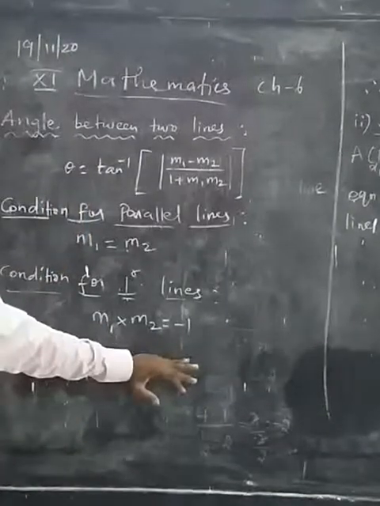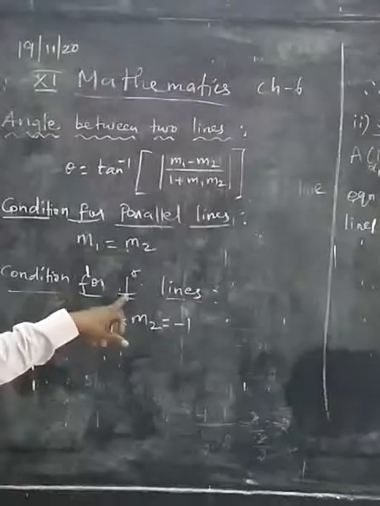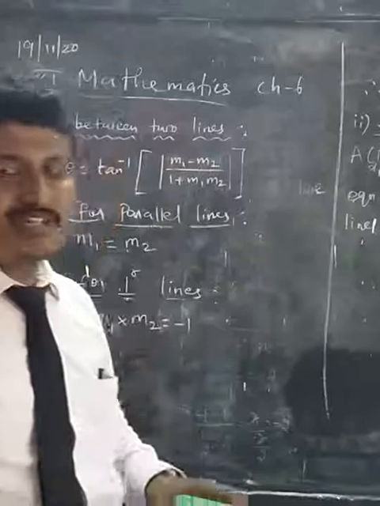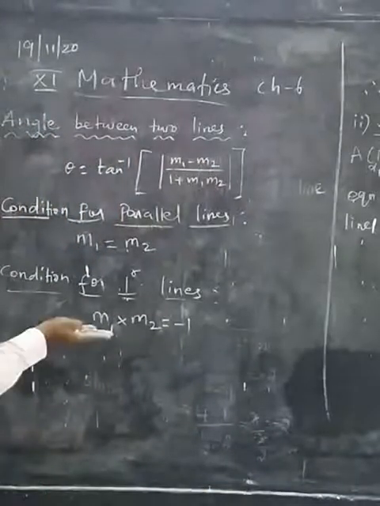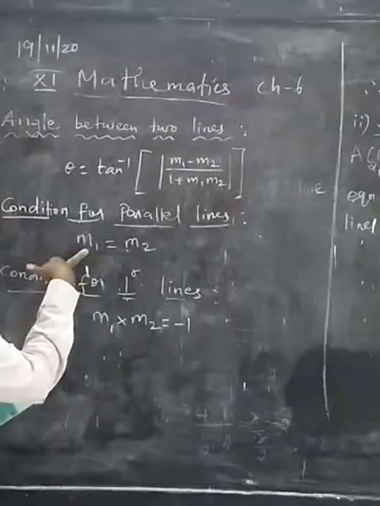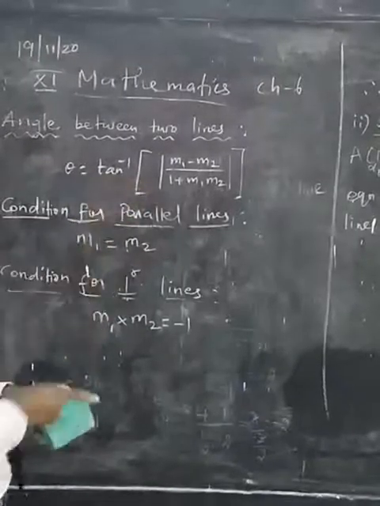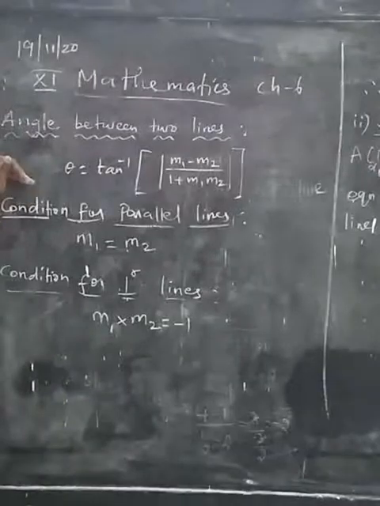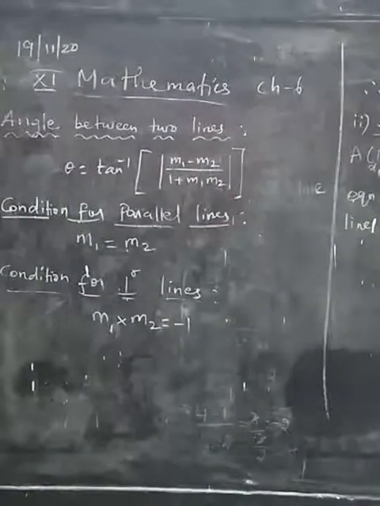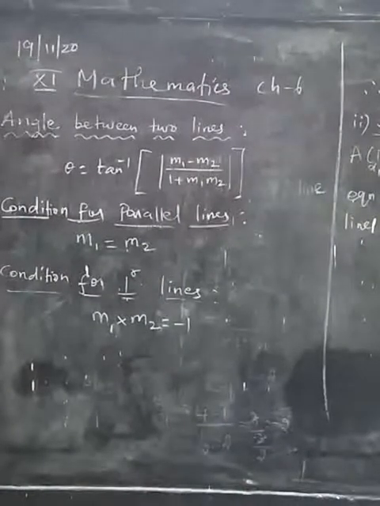If this is so, then we will say the two lines are perpendicular. But perpendicular means what? The angle created by them is 90 degrees. So this is the condition for perpendicular lines. This is the condition for parallel lines. This is the formula for finding the angle between two lines. Yes or no? So these are the formulas that you have to remember. You have to learn them also.